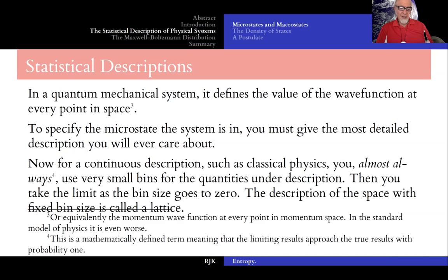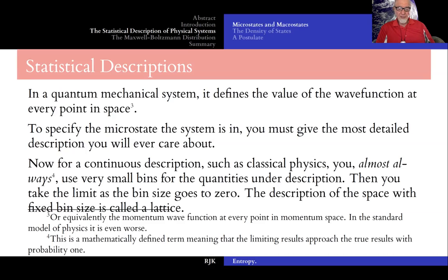So a microstate is not a particular finite specific definition. It depends upon the physics of the system you're dealing with. So sometimes they will include quantum mechanics. Sometimes they will not. Sometimes they'll include Maxwell's equations. Sometimes they won't.